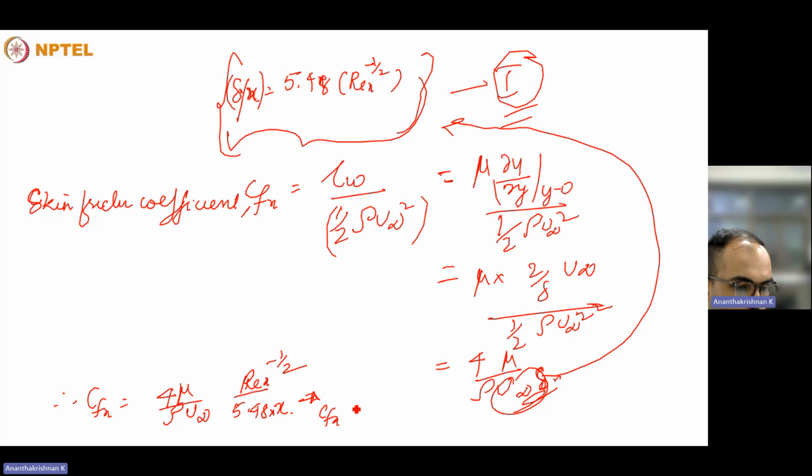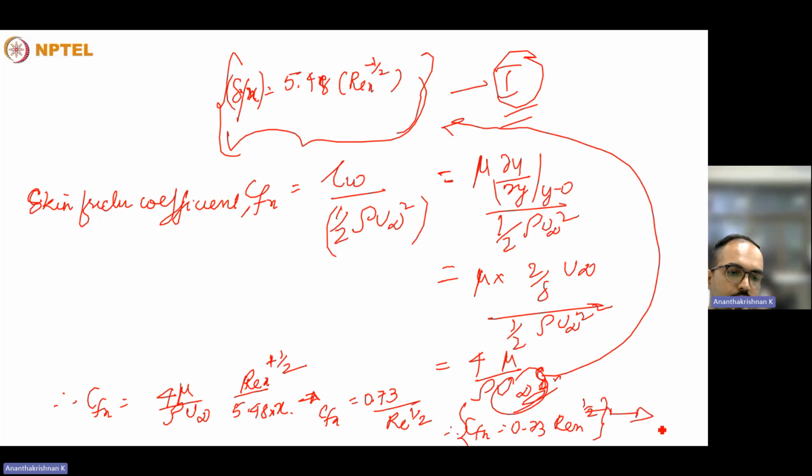So that will be 4 by 5.48, equal to 0.73, divided by Reynolds number multiplied by Reynolds number raised to minus 1 by 2. I beg your pardon, this is on the top. If it goes to the top, it is plus. So Reynolds number divided by Reynolds number raised to 1 by 2 is equal to Reynolds number raised to 1 by 2. Therefore, Cfx is equal to 0.73 into Rex raised to minus 1 by 2. So that is the value of the skin friction coefficient with respect to Rex Reynolds number.